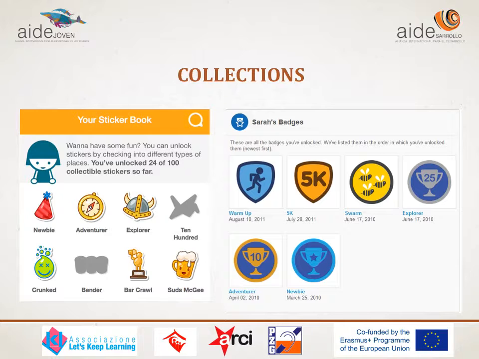like the Swarm badge. But what keeps people playing, what keeps people making the key actions, what makes people engaged to our app, is the fact that they know there are more badges to come and they want to collect them.